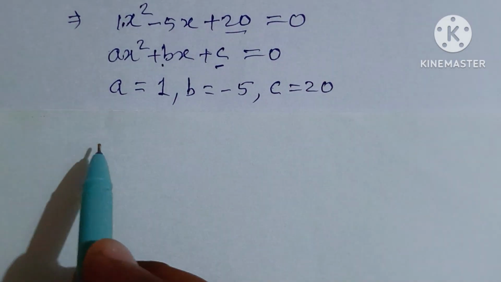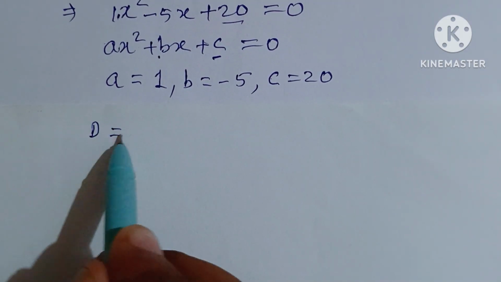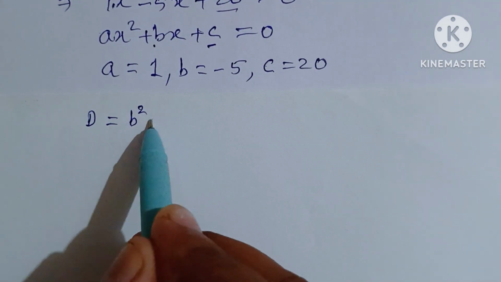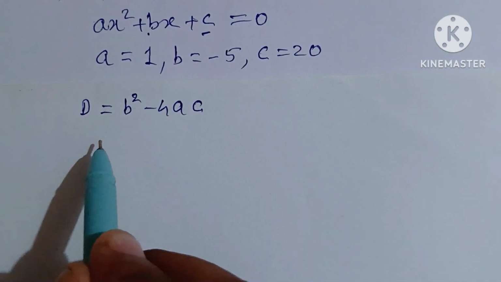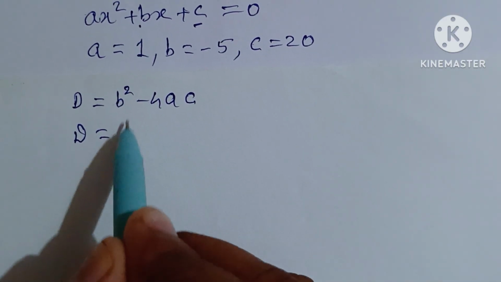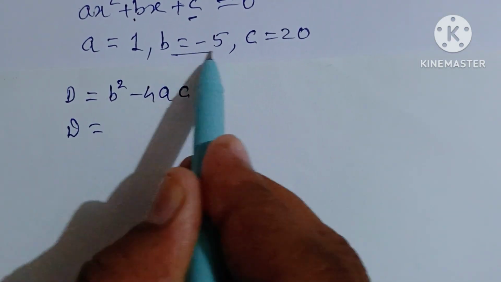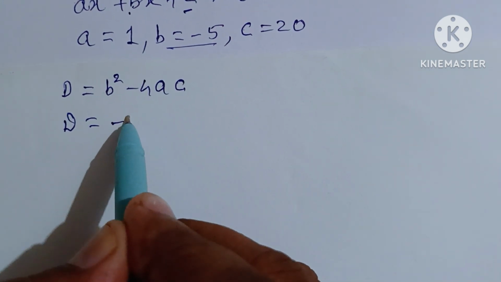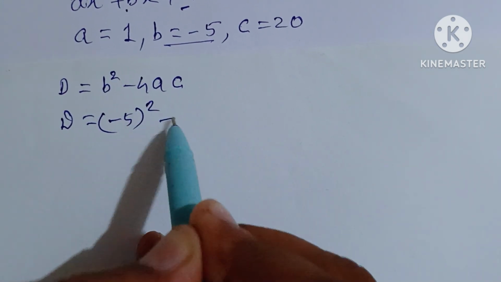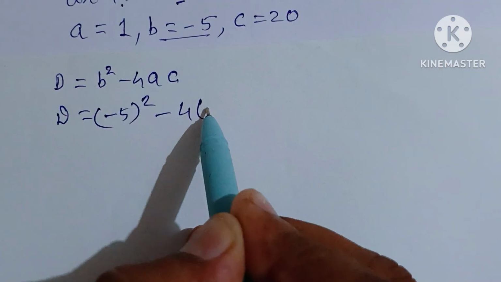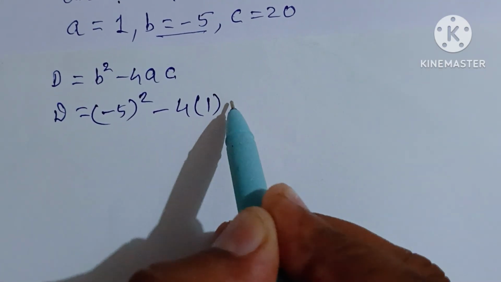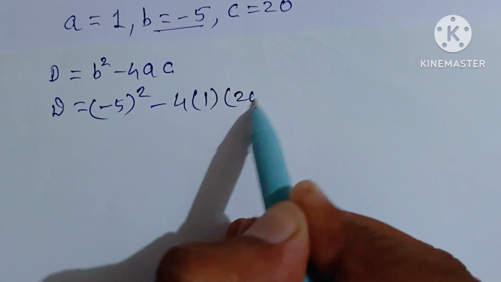Now we have to find the value of the discriminant. D is equal to b square minus 4ac. So D is equal to minus 5 whole square minus 4 into a, which is 1, into c, which is 20.